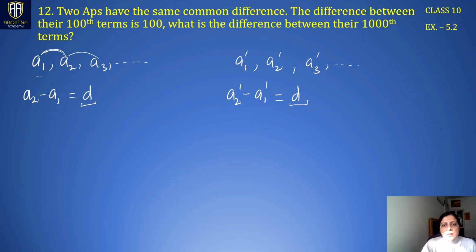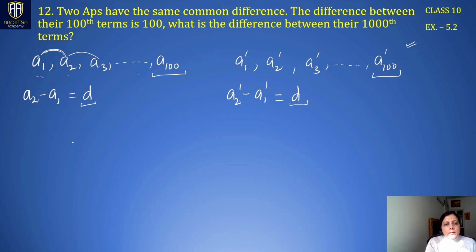Two APs have the same common difference that I have mentioned. The difference between their 100th term is 100. That means if we are continuing with this sequence, the term which is appearing at 100th number will be A100. And the term which is appearing in this sequence at 100th term will be A100 dash. Right? Now he says the difference between the 100th term of these two sequences is 100.